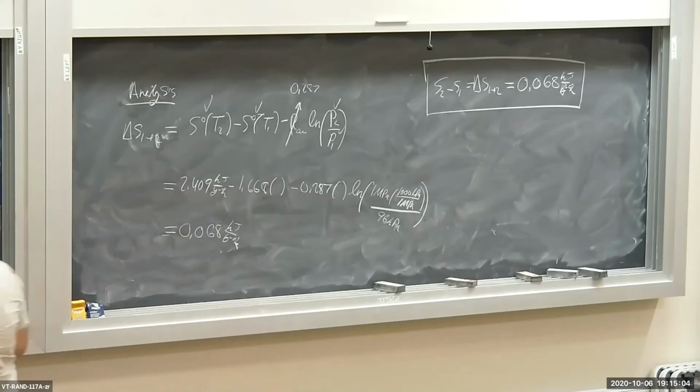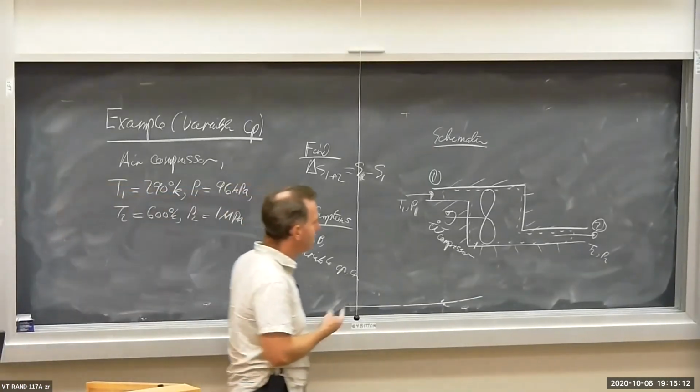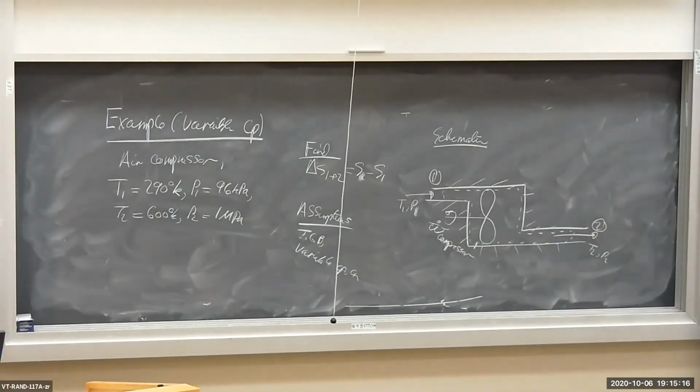By the way, I haven't said much about it, but if, as the drawing indicates, this is an adiabatic compressor, with some insulation around it, the fact that specific entropy is greater at the outlet than the inlet means that there's some entropy being generated inside.